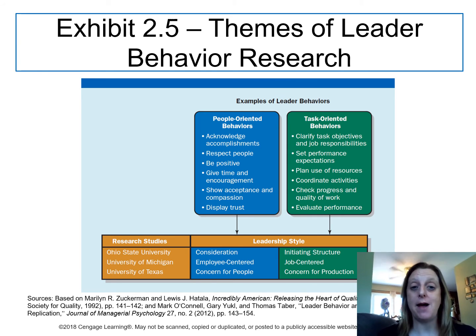versus the initiating structure, which describes the extent to which a leader is task-oriented. So in this model, task-oriented behaviors are focused on initiating structures where leaders direct subordinates' work activities toward goal achievement.